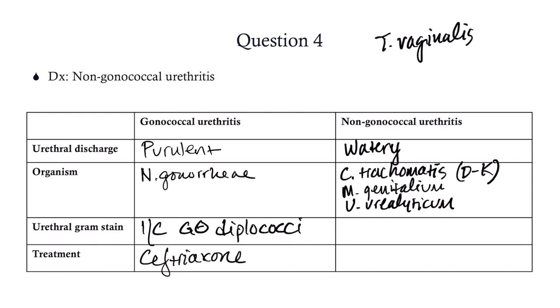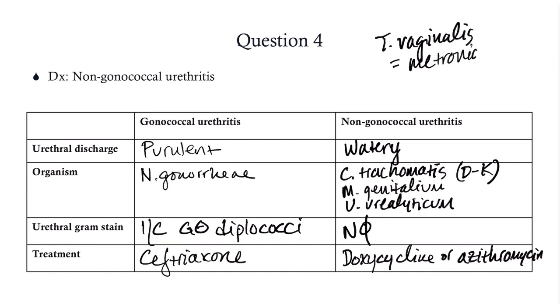The urethral gram stain is going to show neutrophils, but that's pretty much it. The treatment here is doxycycline or azithromycin, but I would go with doxycycline on exam if you have to choose between the two, but I don't expect you will. Now, if you're dealing with trichomoniasis, the treatment is completely different.